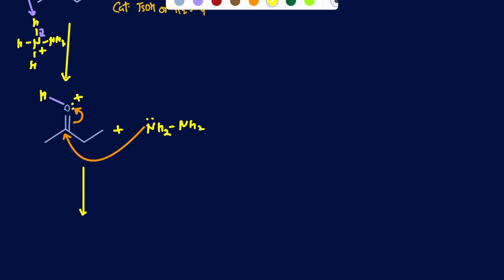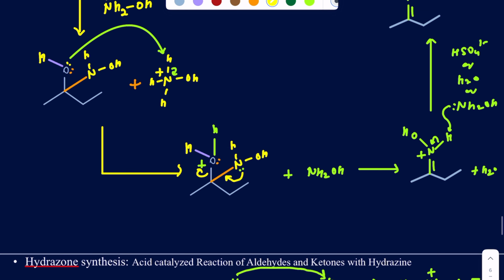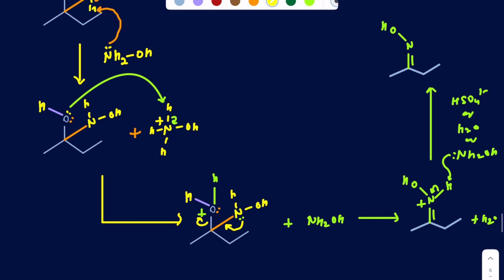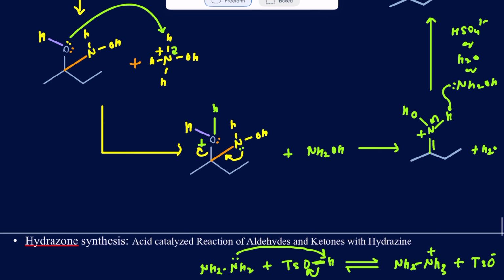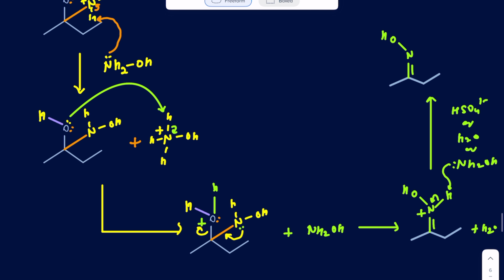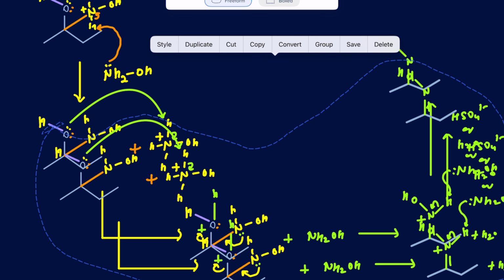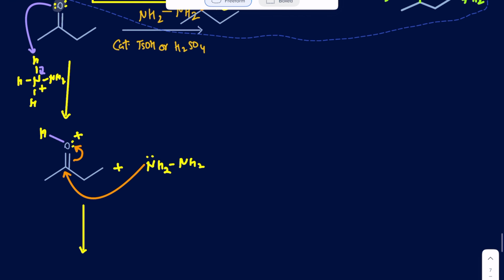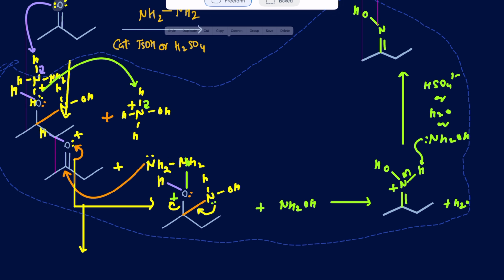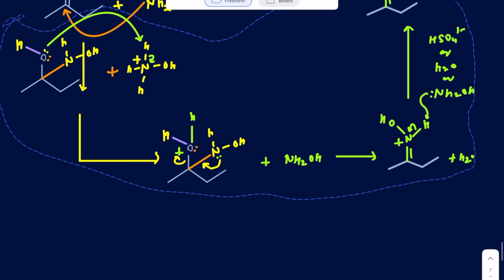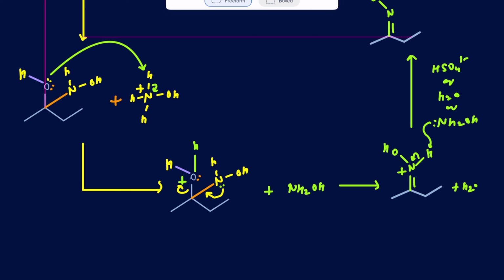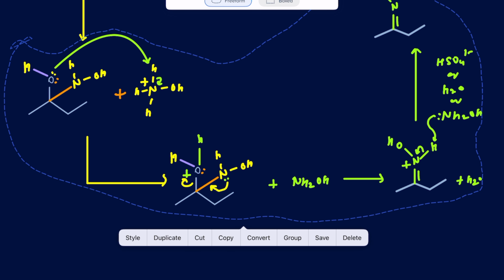And then you do the nucleophilic attack using the hydrazine there. And then I want to copy this here. Okay, let me copy that again. So this is pretty much what it's going to look like.